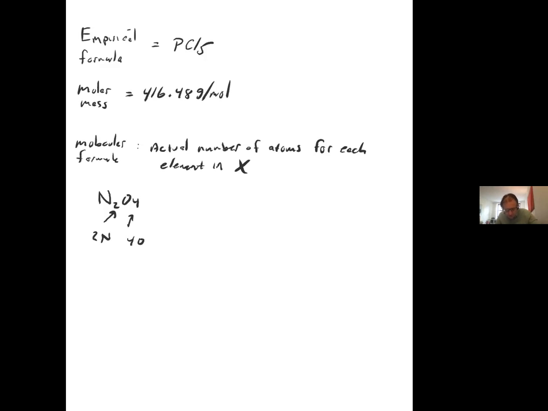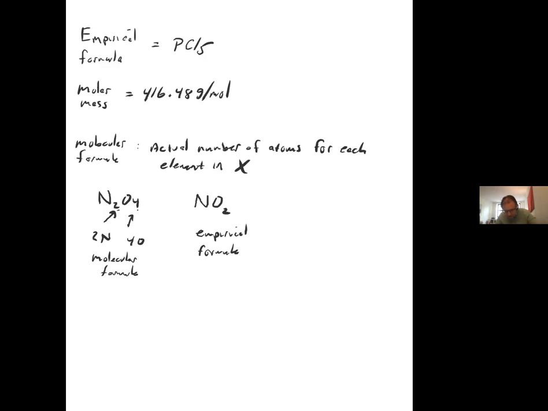Okay, this is the molecular formula. But remember what we said about the empirical formula? It's the smallest ratio of whole numbers. So 2 to 4, you would divide them by 2 and you'd get 1 and 2. This would be the empirical formula.